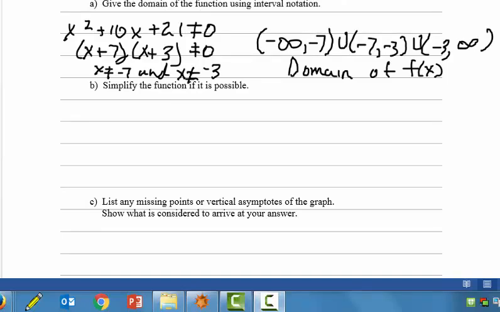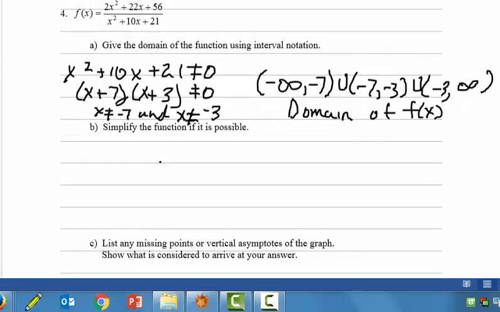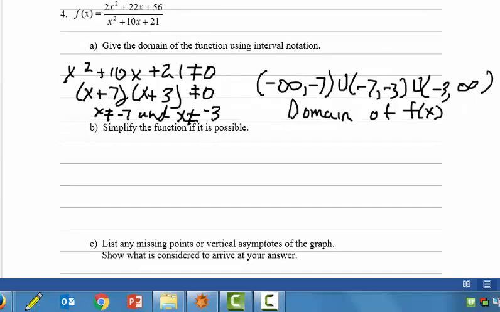Okay, so we want to simplify the function. So we factor the numerator and the denominator to simplify. So f of x equals, I see that I can factor a GCF out of the numerator. So 2 times the trinomial x squared plus 11x plus 28.